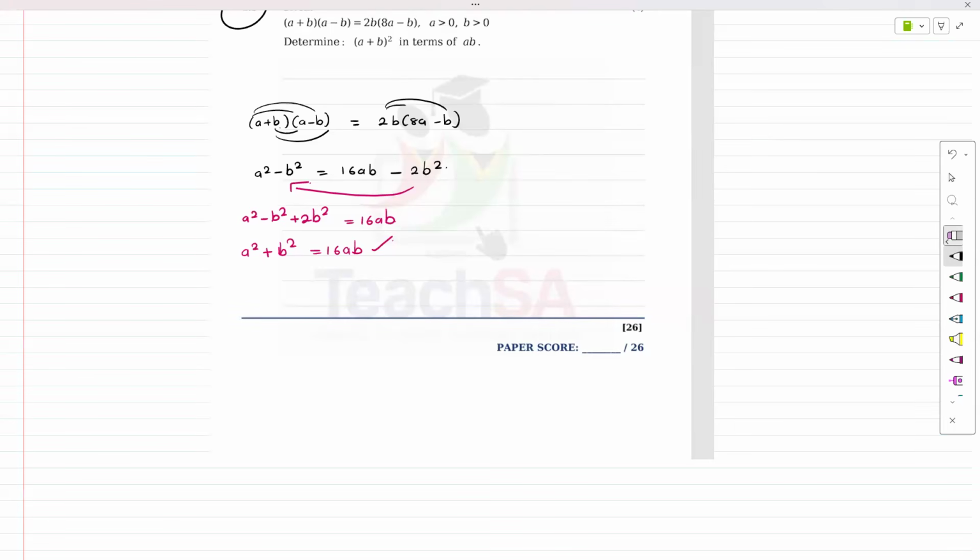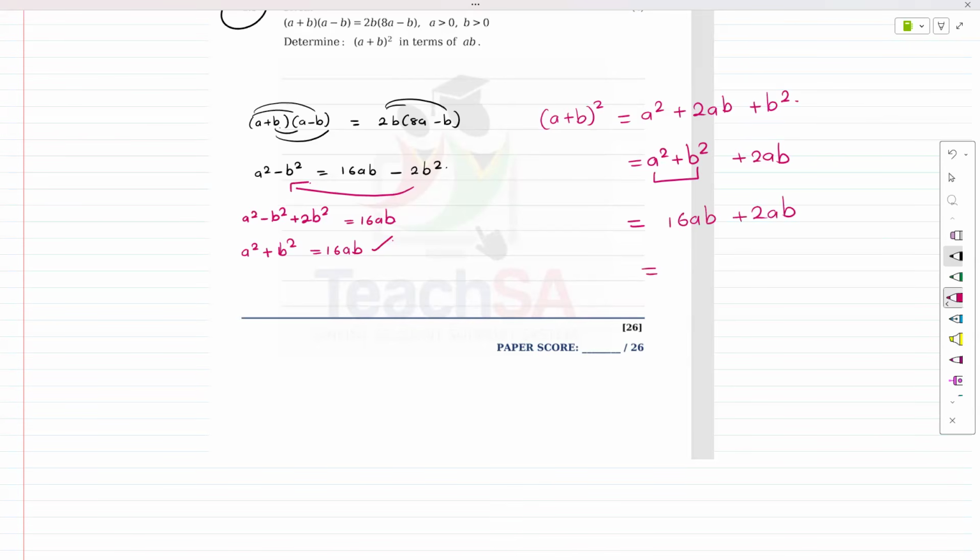So we go with a plus b all squared. When you open this up with FOIL, we end up with a squared plus 2ab plus b squared. You and I already know that a squared plus b squared, plus 2ab, I'm just rearranging it, equals 16ab plus 2ab.